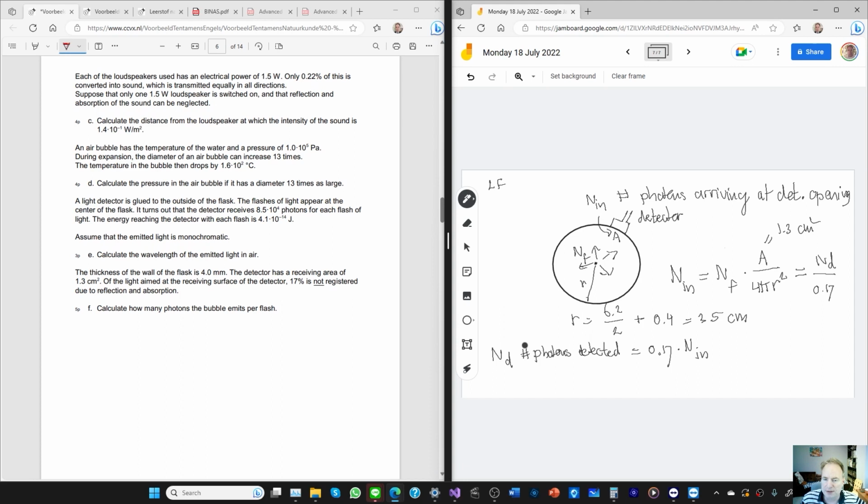So we rearrange that, getting a little bit out of space. I multiply both sides by 4 pi r squared and divide by a. So I get the master equation: nf equals nd divided by 0.17 times 4 pi r squared divided by a, the surface area of the detector.